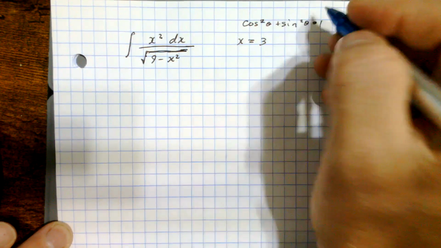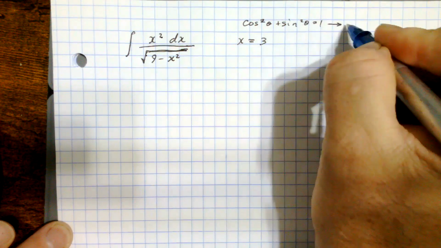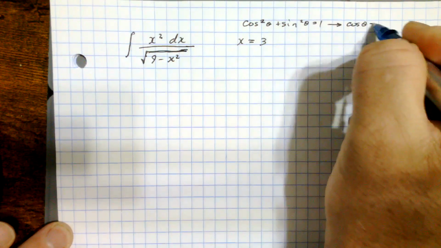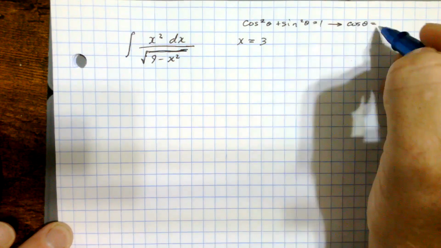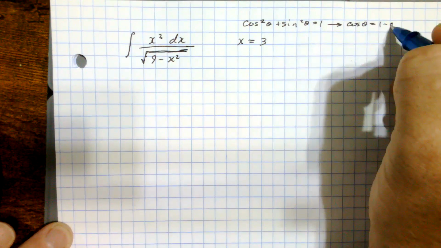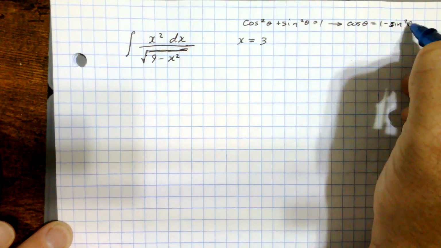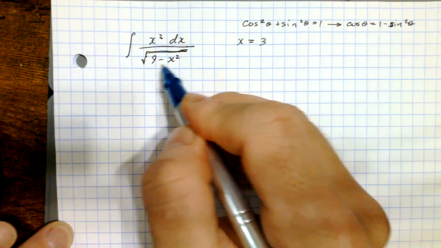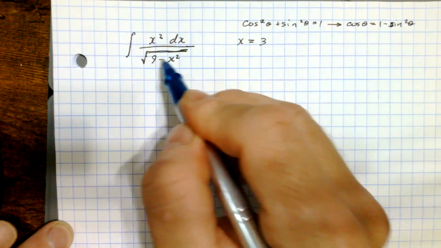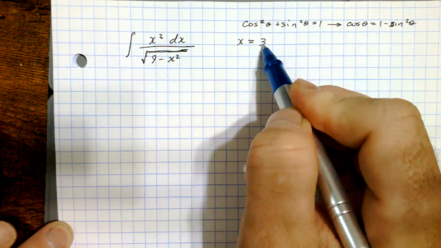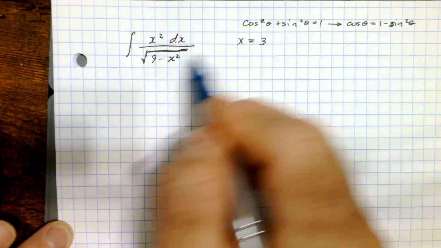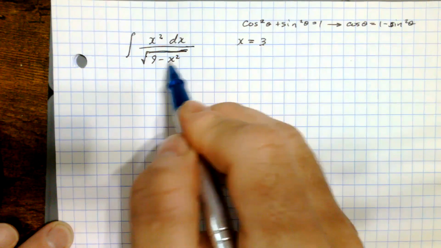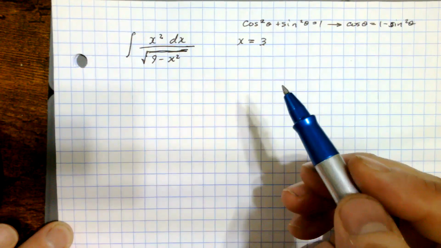So I'm going to subtract the sine squared from both sides, and I get 1 minus sine squared theta. This looks like if I have a 9 I can factor out, which is why I have a 3 here. So this form really determines which trig substitution you need to make.